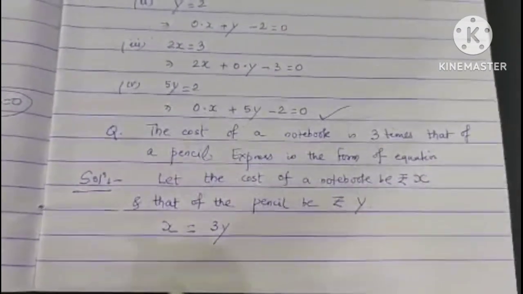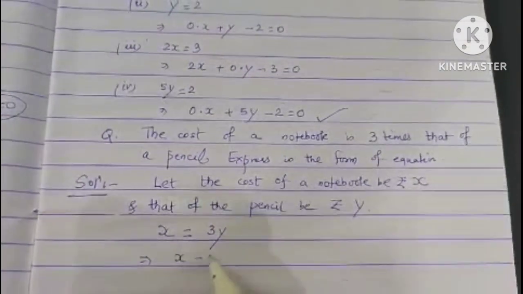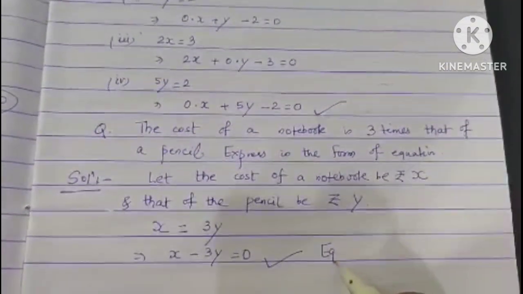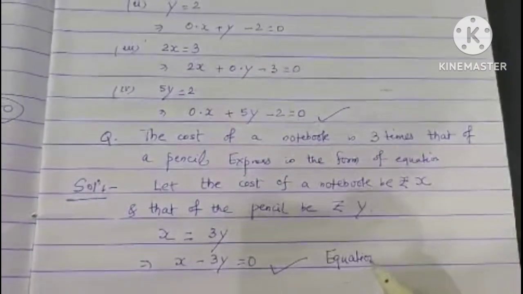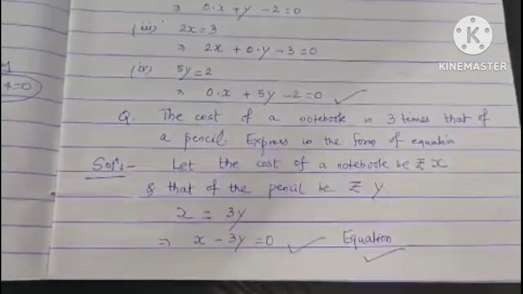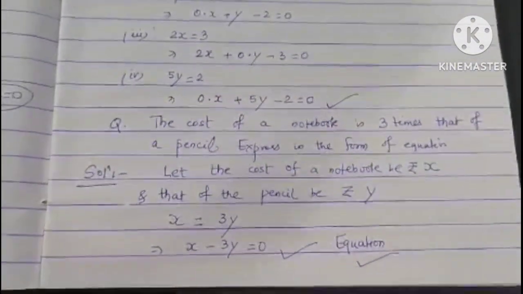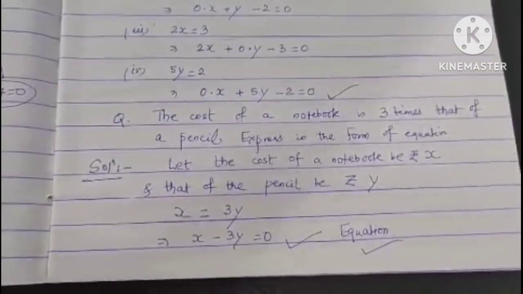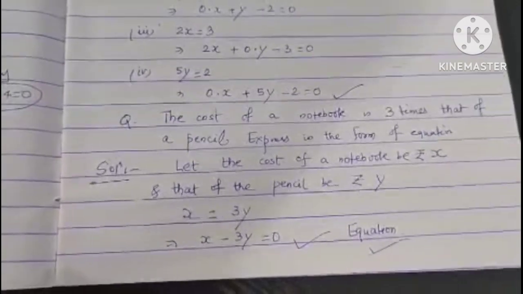So we will write like this: X minus 3Y is equal to 0. This will be the equation. So with this question, let us conclude this video number 1 of chapter 4.